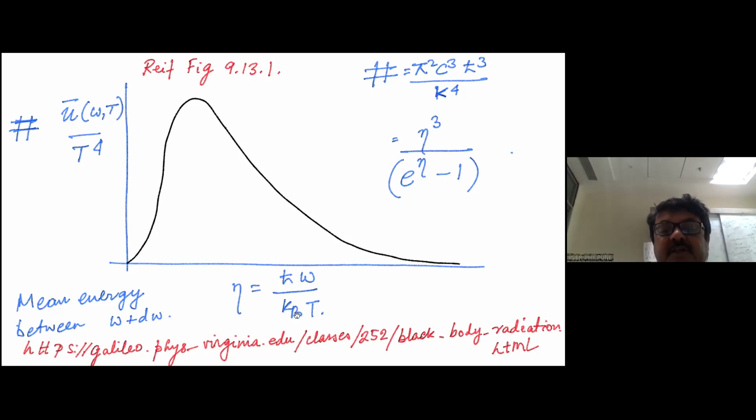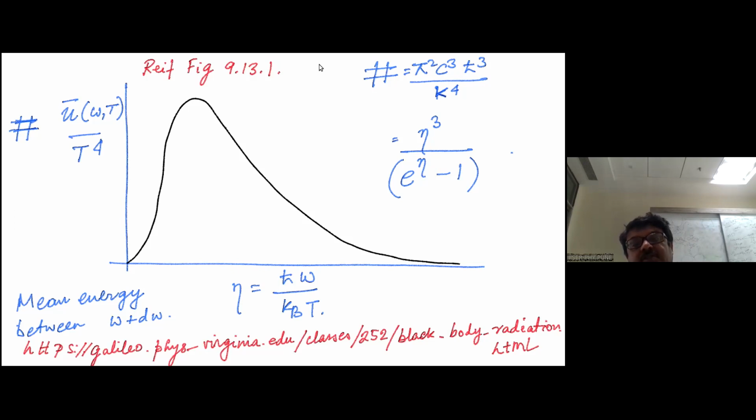You choose different values of k_B T, and look at the energy density for different values of omega, the frequency of light of the black body radiation coming out from a black body.